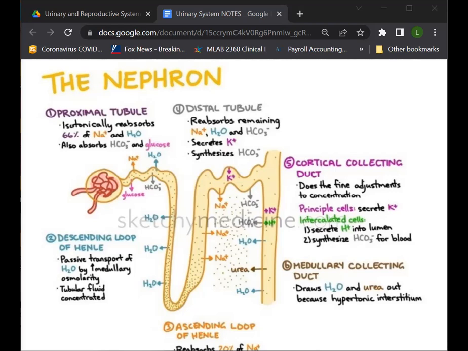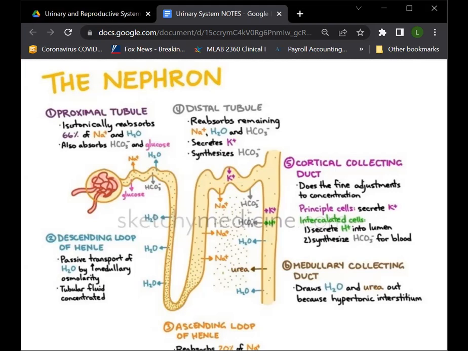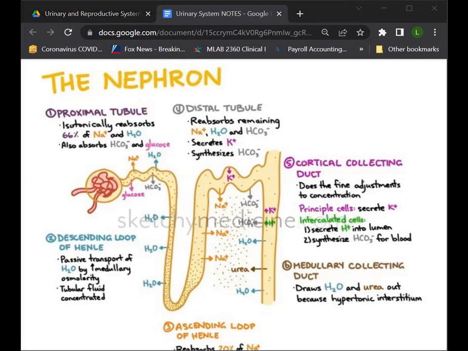Then from the descending loop of Henle, there's an ascending loop of Henle. Then from the ascending loop of Henle, there's a distal convoluted tubule. And then from the distal convoluted tubule, there's a collecting duct.